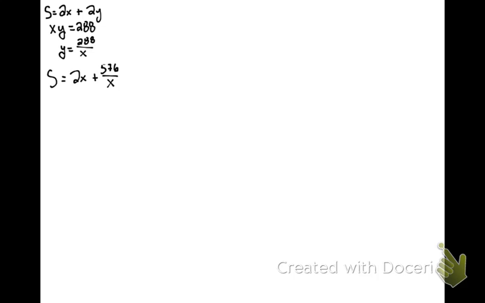And the derivative of our sum expression is 2 minus 576 x to the negative 2 power. We'd like to know when this will equal 0.